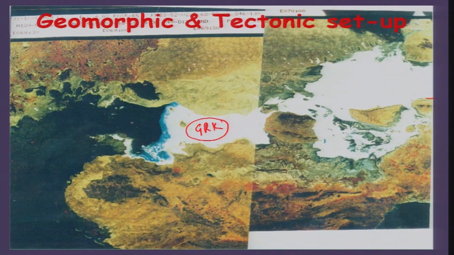Whereas if you come this side, this is what we call the creek area, and this is the tidal zone, the high tide or low tide zone in this part.